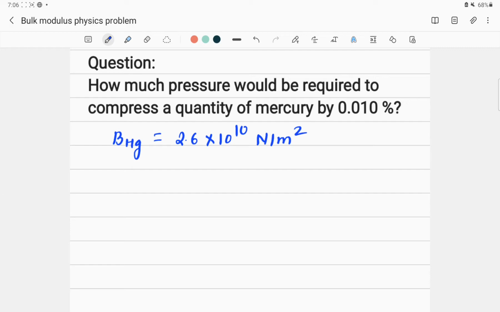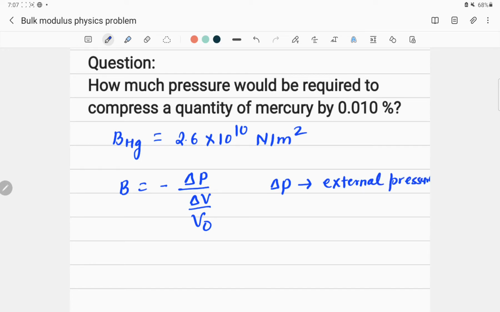So what is the formula for bulk modulus? The bulk modulus B is negative ΔP divided by ΔV divided by V naught. So ΔP here is the external pressure, the change in pressure.